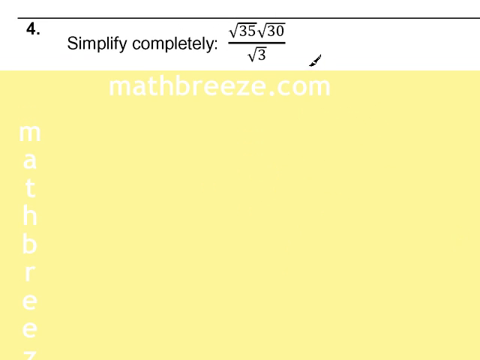And then before we simplify, I suggest divide first if you can, so that the numbers get smaller. So let's divide 30 divided by 3. So we end up with square root of 35 times square root of 10. And now we want to simplify this product, and we notice that 35 has a factor of 5, and 10 also has a factor of 5.